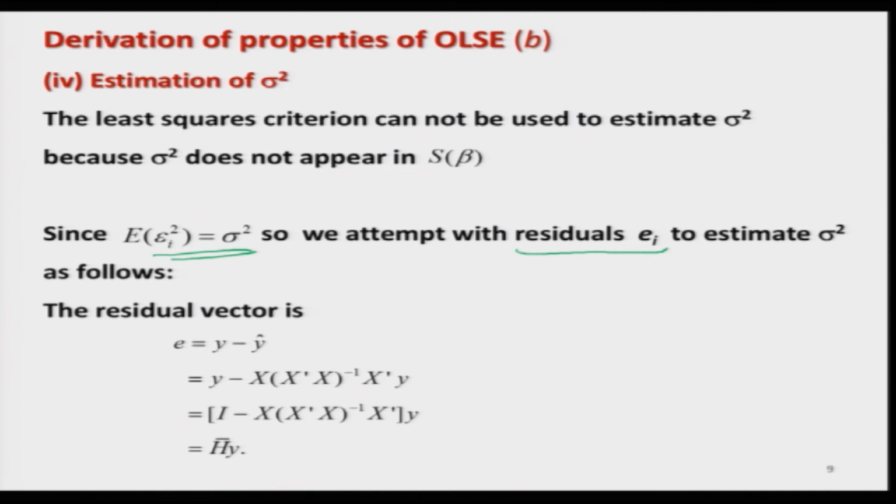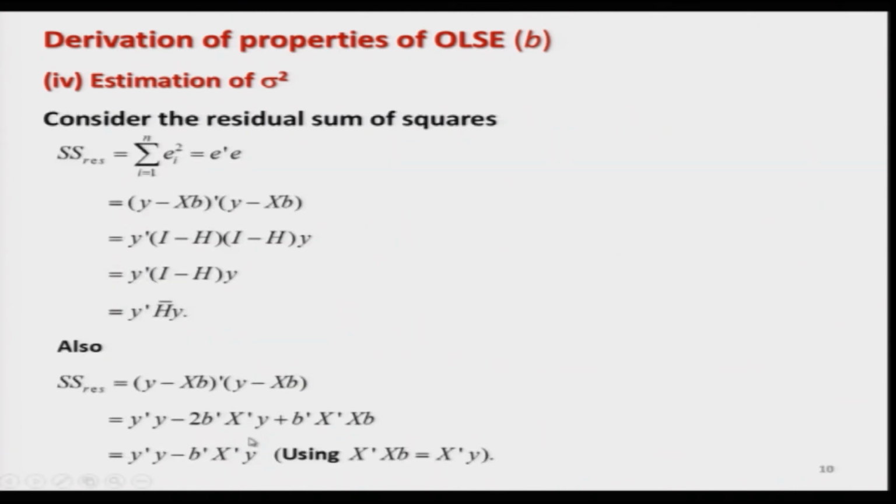If you remember, we had obtained the residual y minus y hat, where y hat is equal to H y. I use the same concept that I had developed in the case of the simple linear regression model. I consider here a term SS_res, that is, the sum of squares due to residuals.